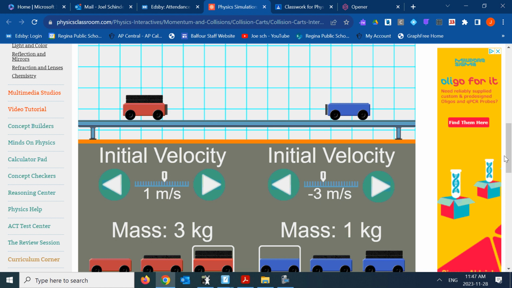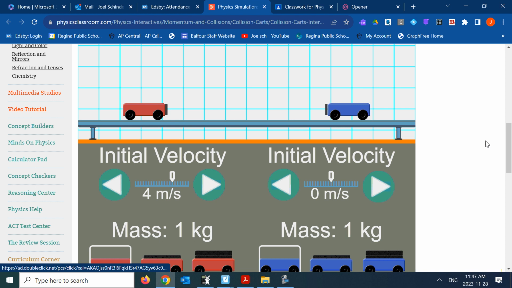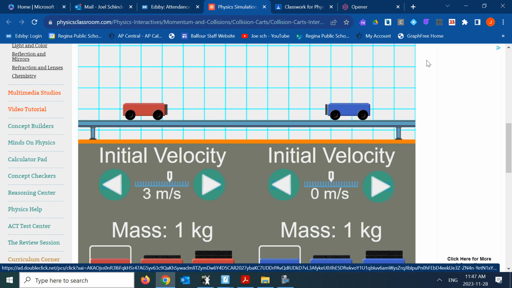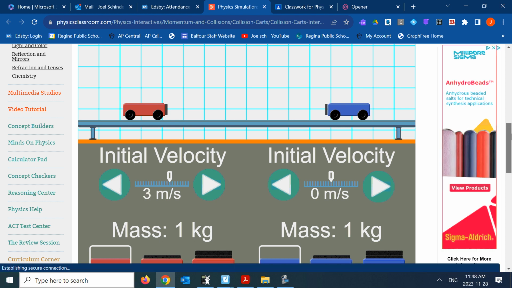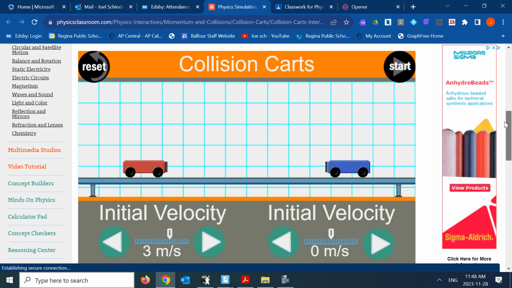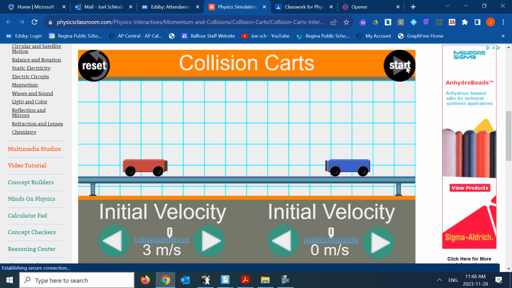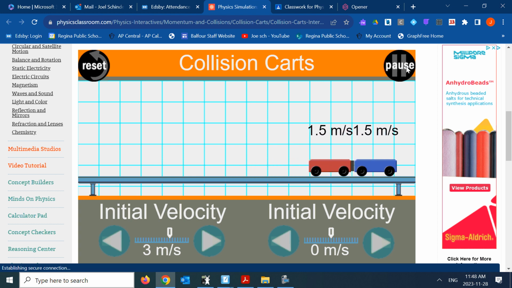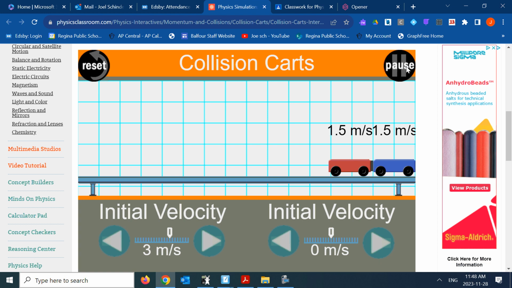I forget now already. 1 and 1 kilograms. I went 3. Okay. This should verify our calculations. So they're going to stick together and keep moving. But the speed's cut in half because it's twice the mass. Make sense? Okay.